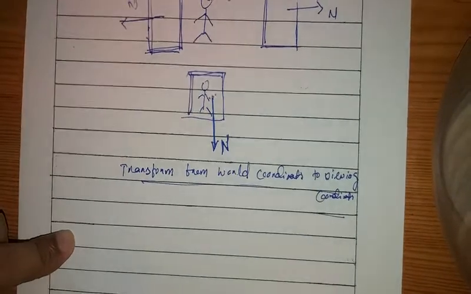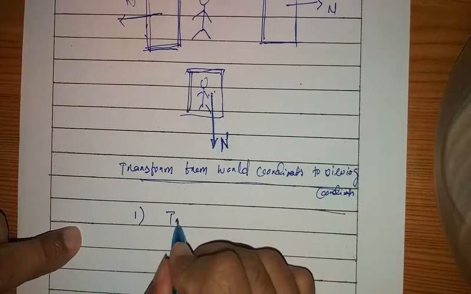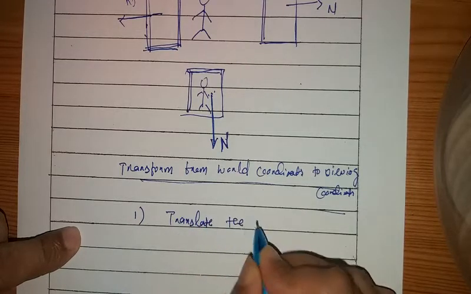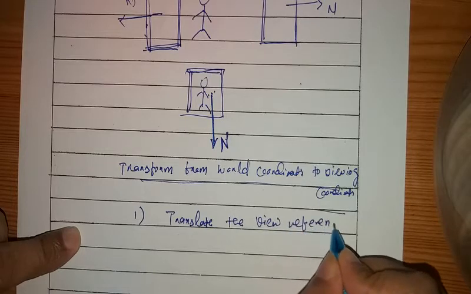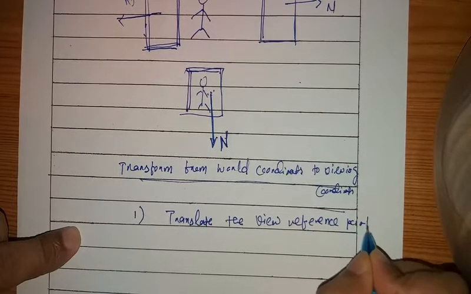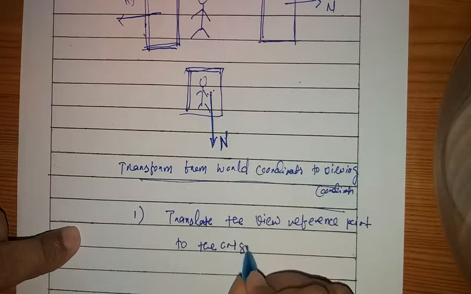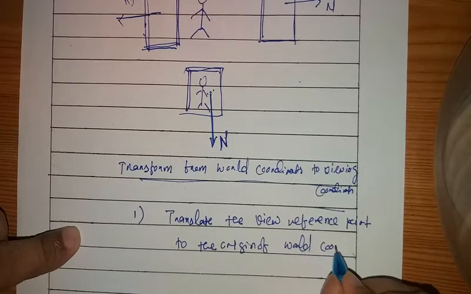So how do you do that? The first step is to translate the view reference point to the origin of the world coordinate system.